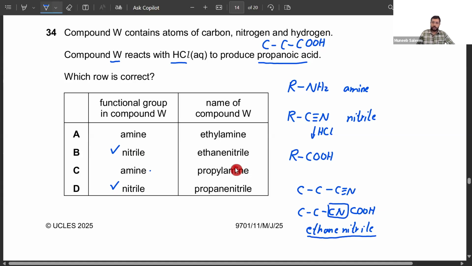That means this is the compound which will be producing the propanoic acid. You are converting this compound into the propanoic acid. So the actual answer is ethane nitrile. So that's why the correct option becomes the B option.